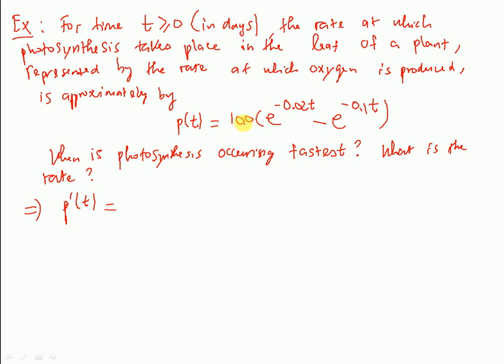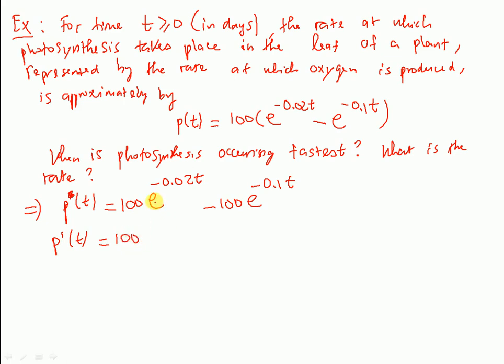First let's just rewrite the problem. P of t is 100. Just multiply 100 to the inside. So minus 100 e to the minus 0.1t. Now if you take the P prime of t, 100 stays the same.